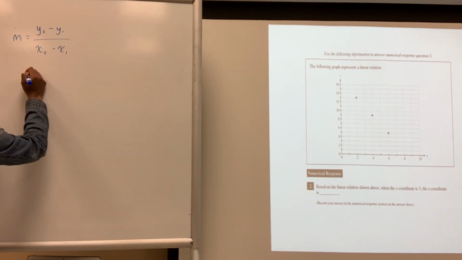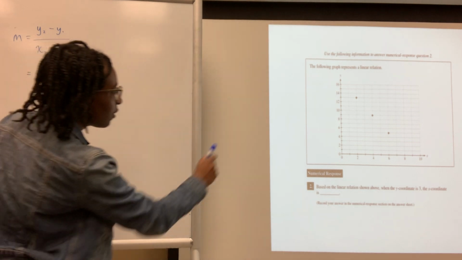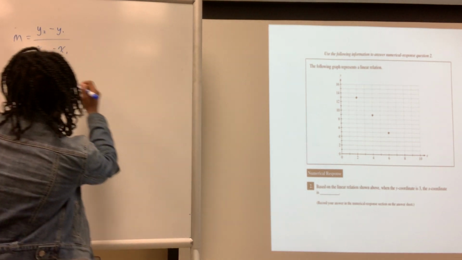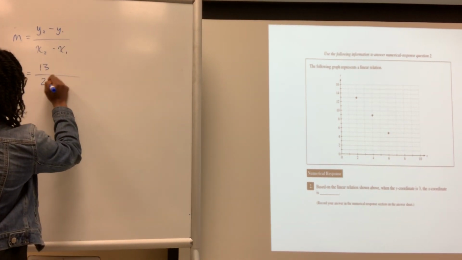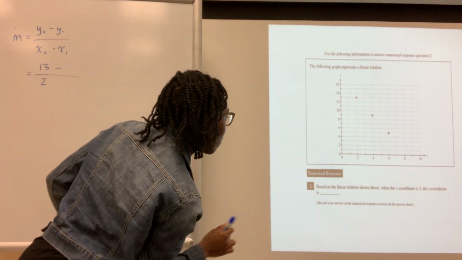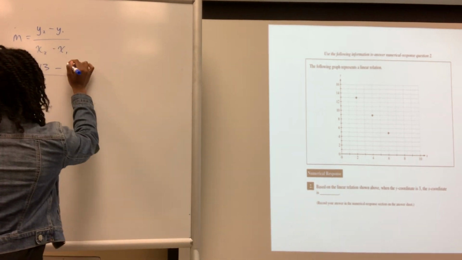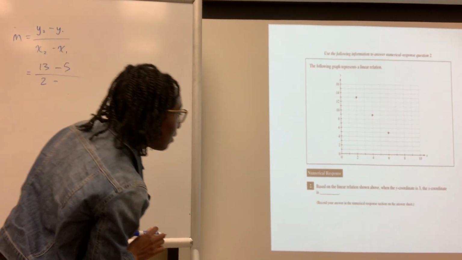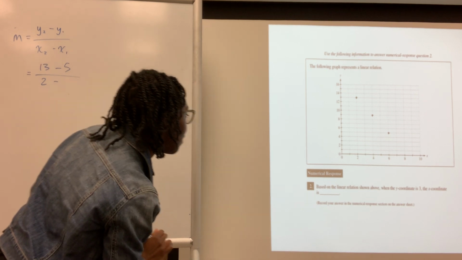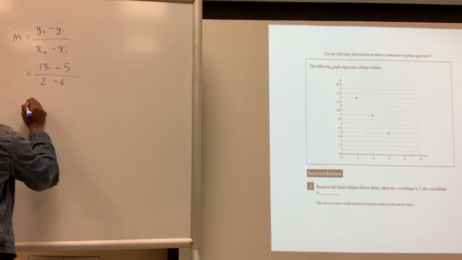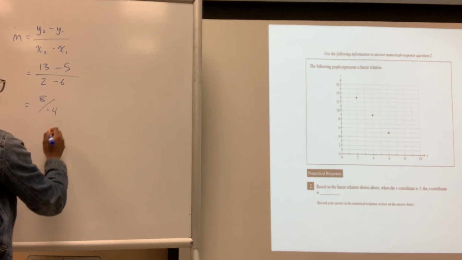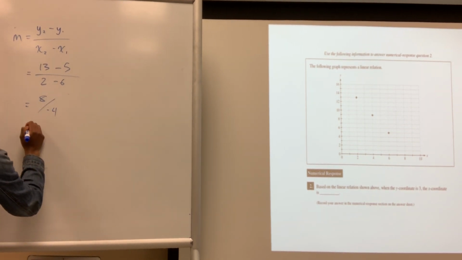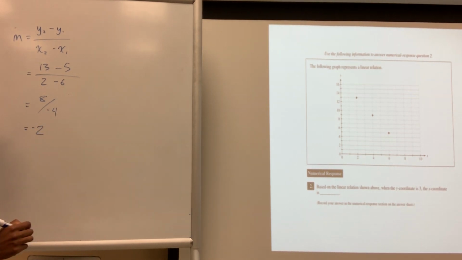So that is equal to the y coordinate of the first point, 13, minus the y coordinate of the second point, which is 5, over the x coordinate of the first point, 2, minus the x coordinate of the second one, which is 6. 13 minus 5 is 8, 2 minus 6 is -4, and 8 divided by -4 is equal to -2, so we know that the slope is -2.